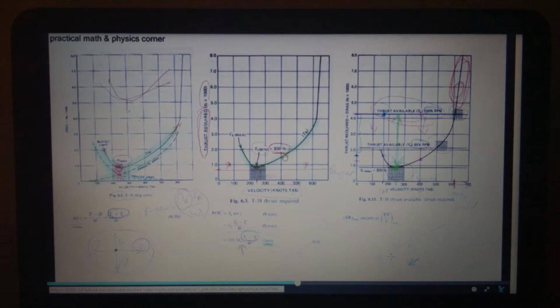Realize that in general you can transfer any thrust required into a power required curve and any thrust available into a power available curve, with that basic relationship that we will look at when we get to the prop performance, basically by multiplying the whole thing by speed, which is basically the big difference.